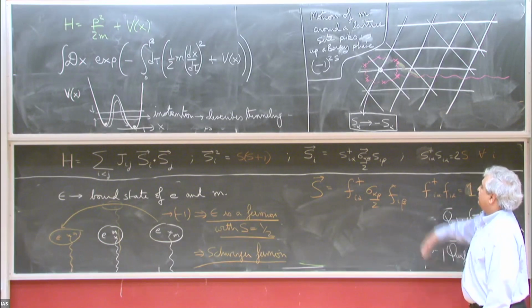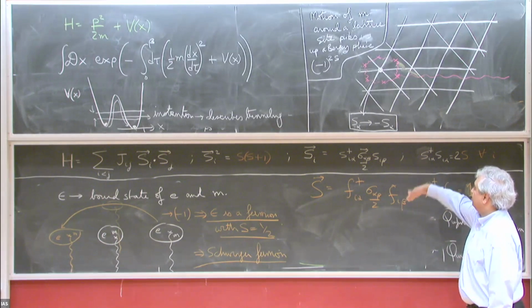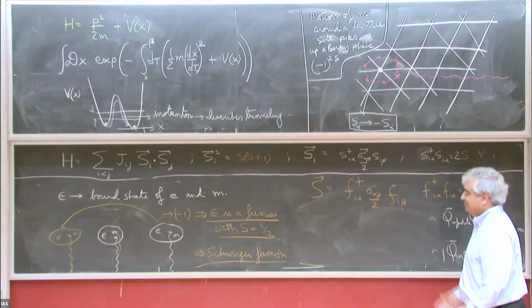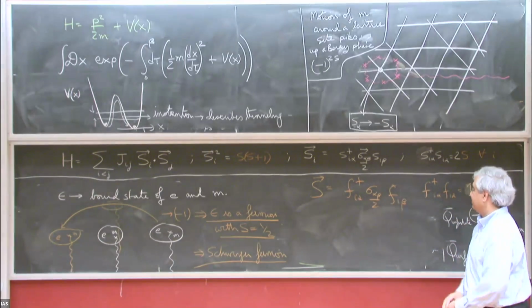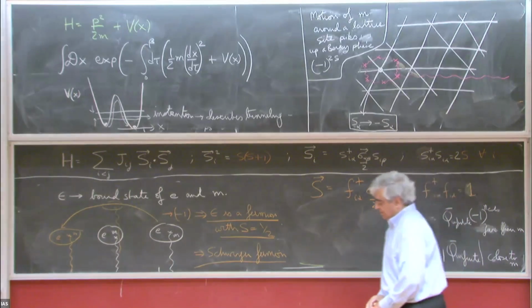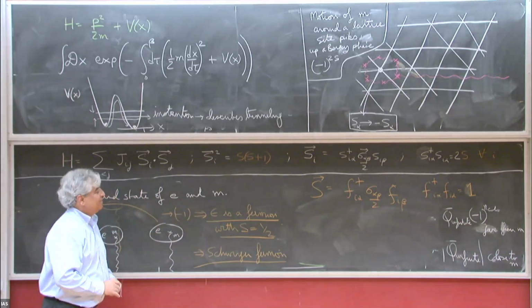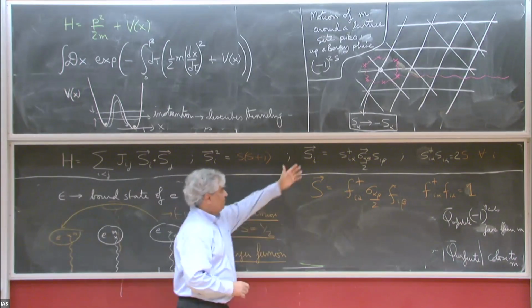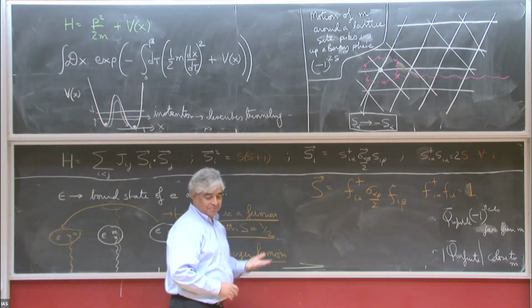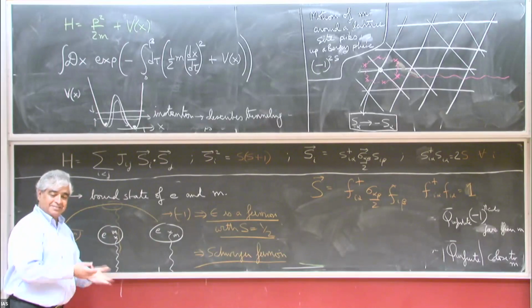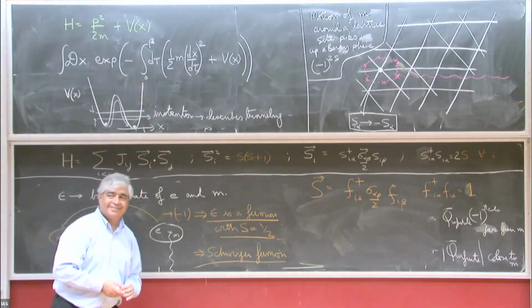You can start with a theory with either bosons or fermions, but fortunately you end up in the end with the same state in some invariant sense. And this is very nice because in the early days of studies of spin liquids, there were a lot of arguments between people using this point of view versus this point of view. And so we know that in most cases they were talking about the same thing.